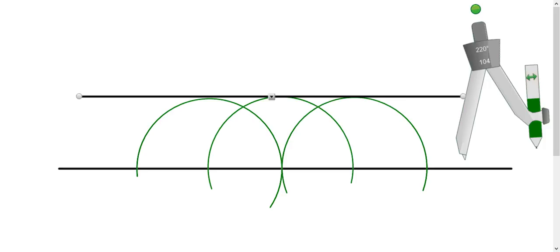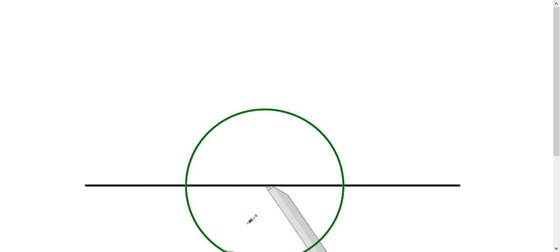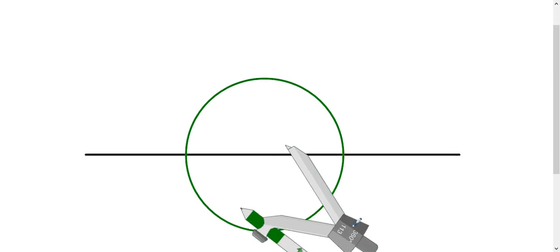There's another way you can do it where you have your line and then use your compass to make a perpendicular line. So you can start with a circle or just an arc even.